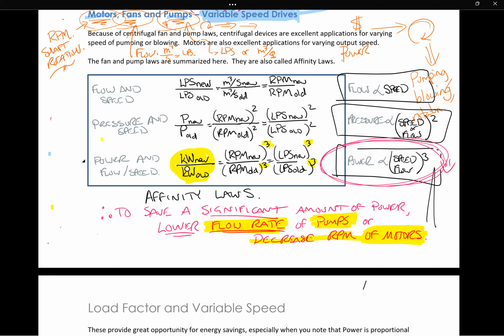So that's why motors, fans, and pumps become a very big opportunity to reduce the power consumed if you can drive them at a variable speed. Now, most motors, fans, and pumps are variable speed now, but are they being operated at the lowest rates possible? It's a low-hanging fruit of energy management to figure out if you can lower any of these.